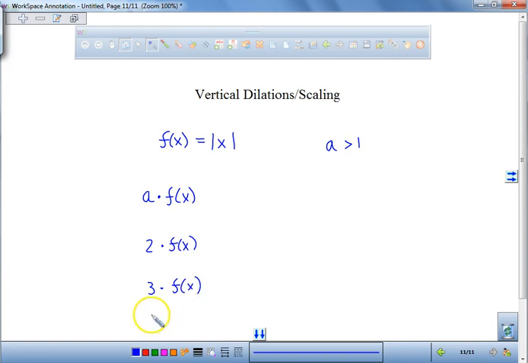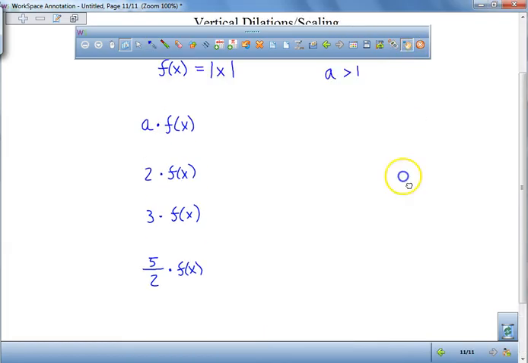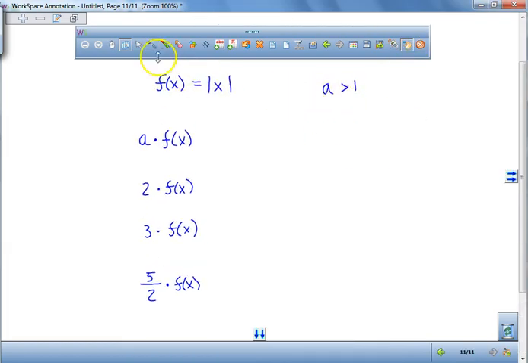It could also be a fraction, like 5 over 2. Technically, what is 5 over 2? That's 2.5, so that's still greater than 1, correct?